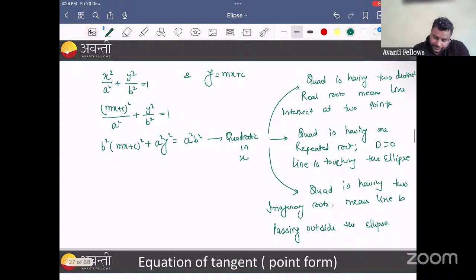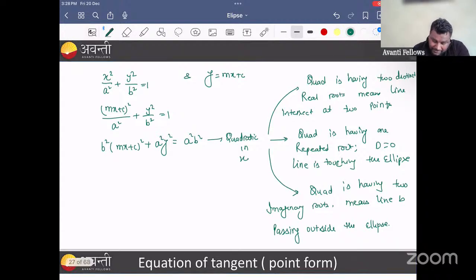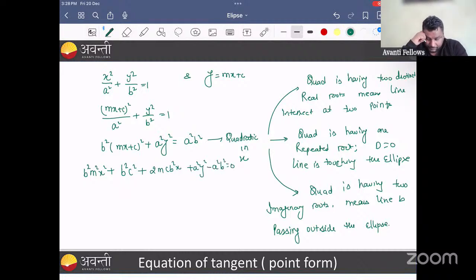I just made a mistake, this line is not here. So this is x square by a square plus (mx plus c) whole square upon b square equals 1.